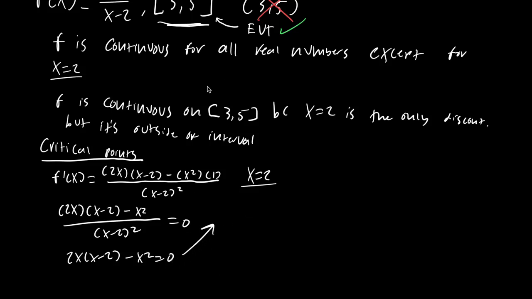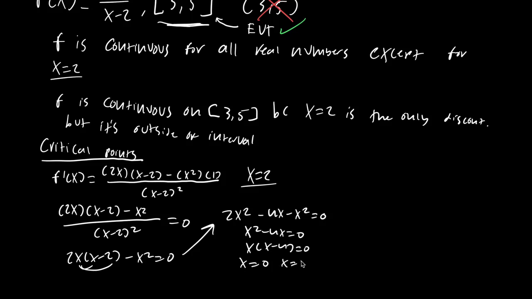Expanding this out, you have 2x squared minus 4x minus x squared equal to 0. Combine like terms, factor out x, and we can see that our derivative is equal to 0 at x equals 0 and x equals 4. So there's all of our critical points: 0, 2, and 4.